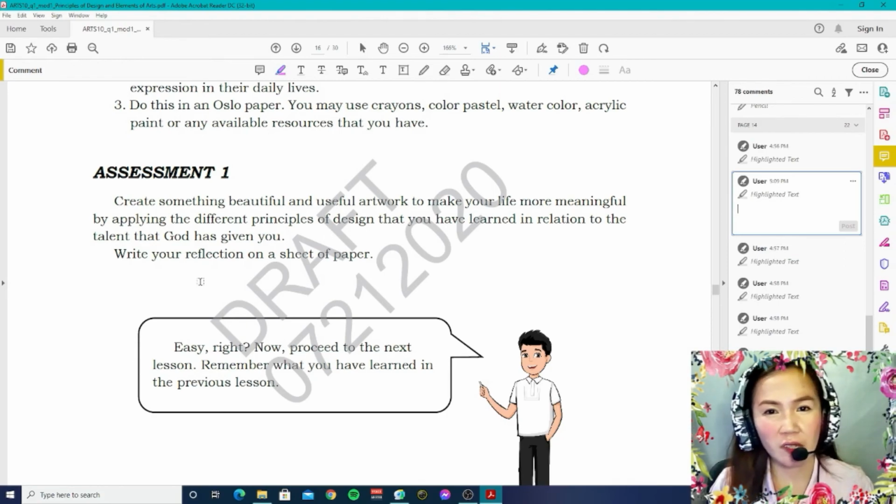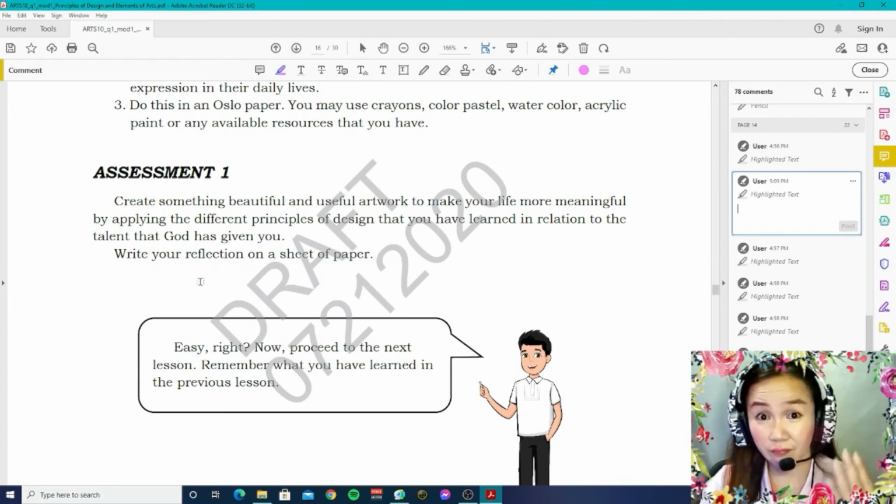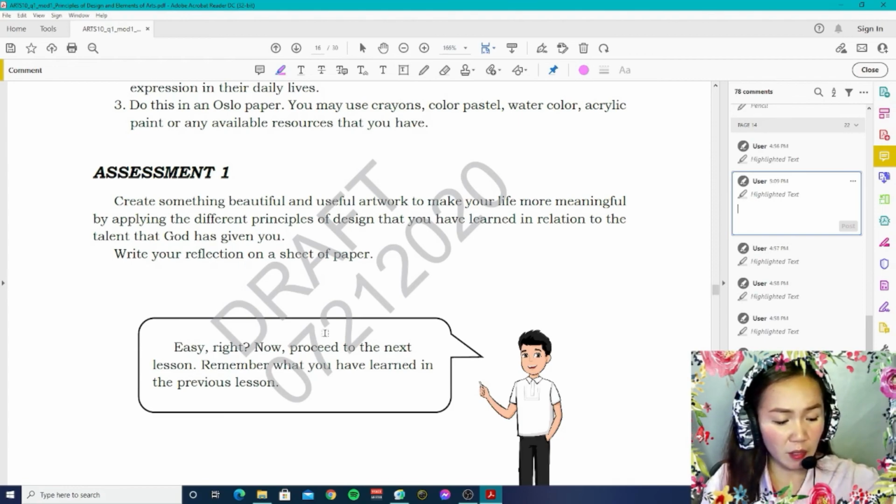For example, mahilig kayo sa DIY. Gawa kayo na lalagyan ng pencil. Gawa kayo ng notebook, design ng notebook. Okay? Yung mga DIY or dancing or singing. Now, i-apply niyo yung different, the 6 principles of design. We have unity and variety, rhythm and repetition. Pwede yung makita sa sayaw. Pwede yung makita sa singing, sa music.